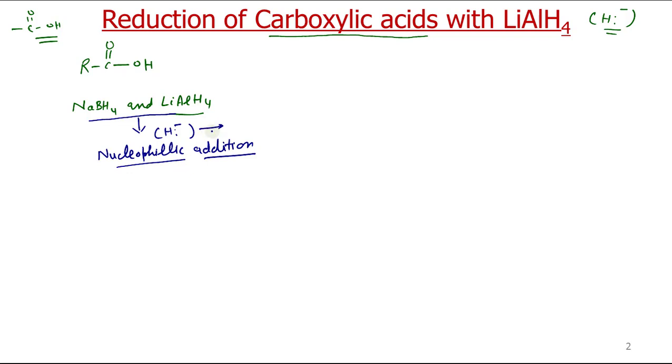Now we know that carboxylic acids, I will write here RCOOH. This carbon also contains partial positive, partial negative, as for aldehydes and ketones we can write like this: partial positive, partial negative.